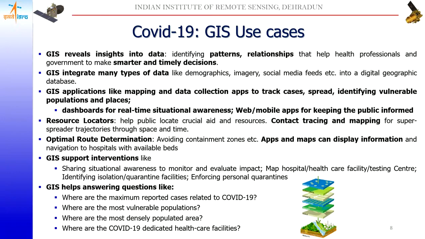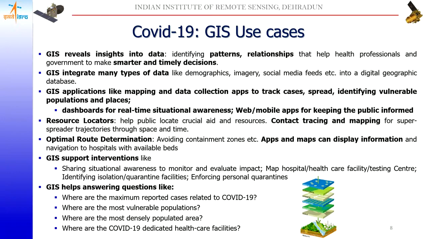Then data collection apps to track the cases, identify the spread, see how fast the disease is spreading, and also identify the vulnerable population in places, because we know that COVID-19 is very serious for elderly people with comorbid diseases. So using these GIS-based software, we can link various data sets and identify people in distress.